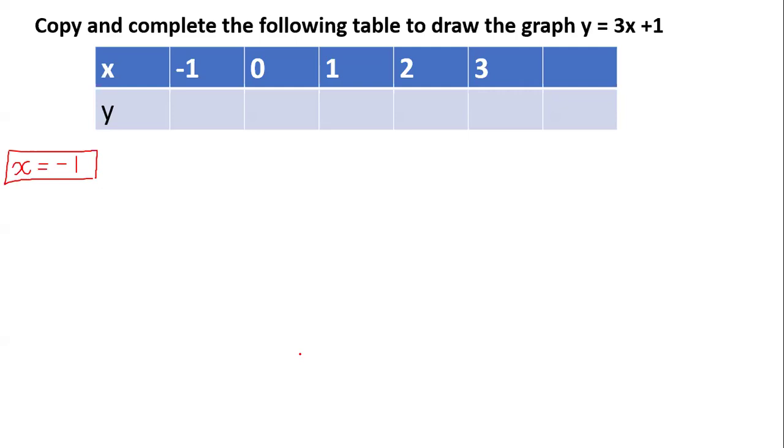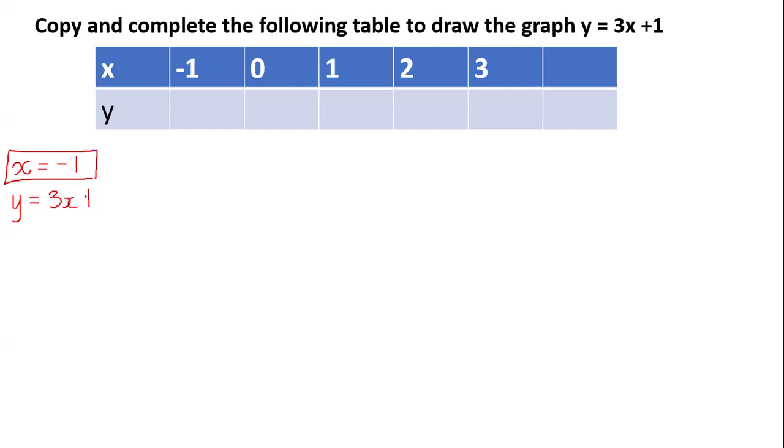So what we're gonna do here is we have to use x is equal to -1. So if x is equal to -1, we're going to substitute. Instead of putting x, we're gonna put what? Class, instead of putting x, we're gonna put what?